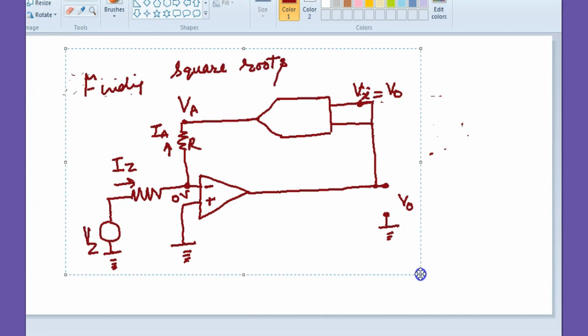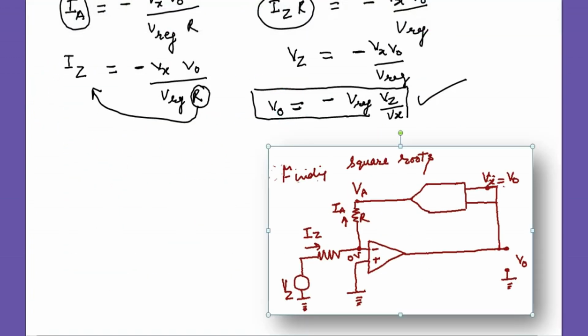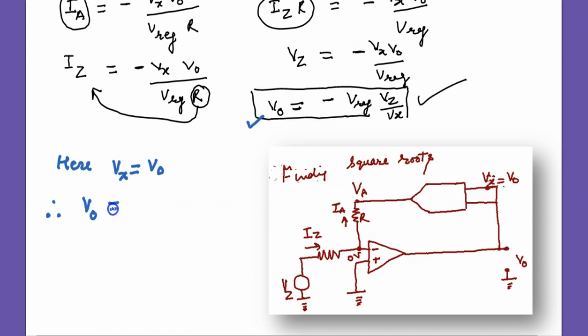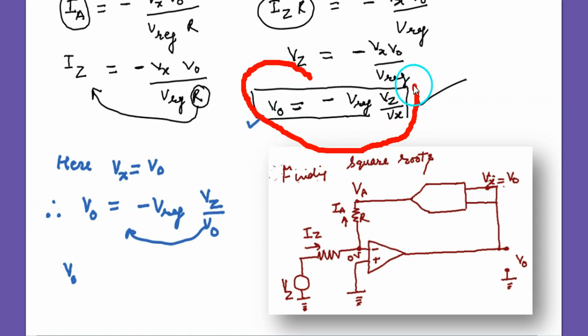The problem is finding the square root. We are using the same formula because here V0 and Vx are the same. So instead of writing Vx, we write V0.